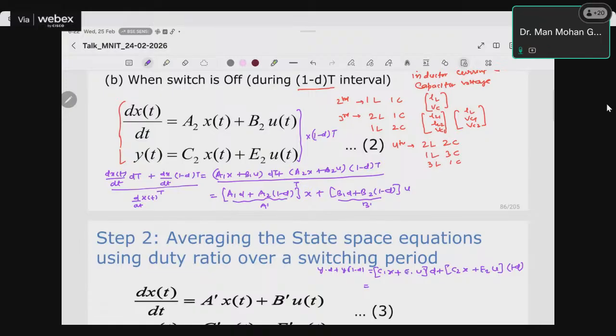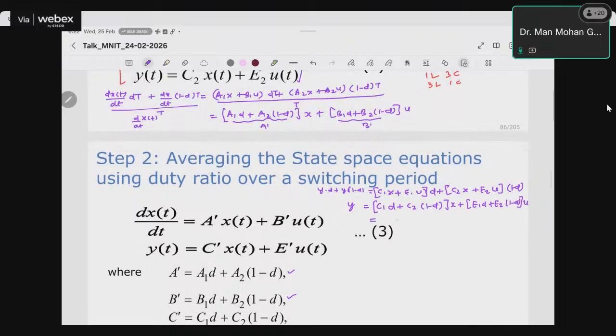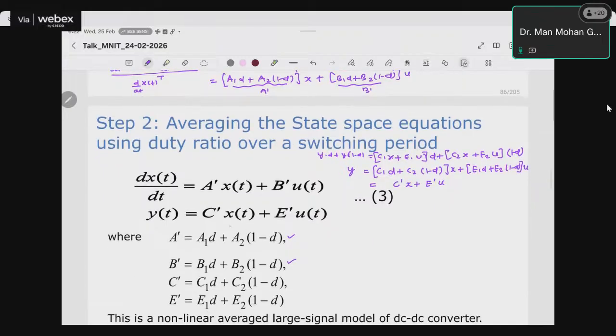The t I have already removed by taking the average. Since d plus (1 minus d) is 1, this equals (C1 d plus C2 (1 minus d)) into x plus (E1 d plus E2 (1 minus d)) into u. So I write this as C dash x plus E dash u, where C dash is C1 d plus C2 (1 minus d), and E dash is E1 d plus E2 (1 minus d).